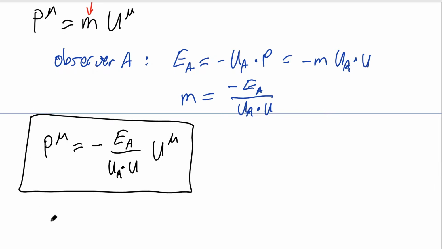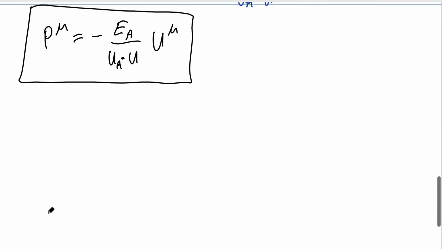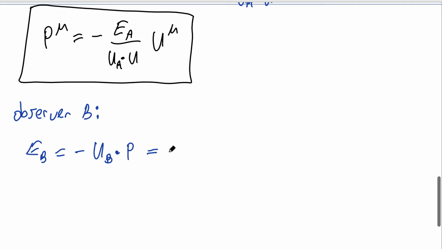So now if we want to compute the energy as measured by some observer B, that would be E_B equals minus the inner product of B's velocity with the momentum of the particle. So that's minus U_B inner product with minus E_A over U_A dot U times U. And the inner product is between U_B and U. The rest of this is just constant factors.